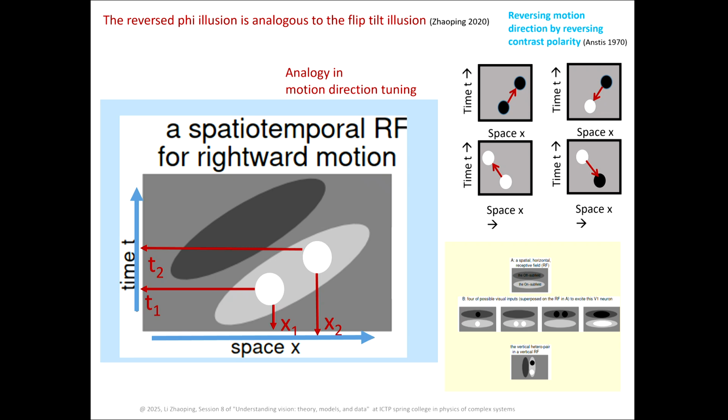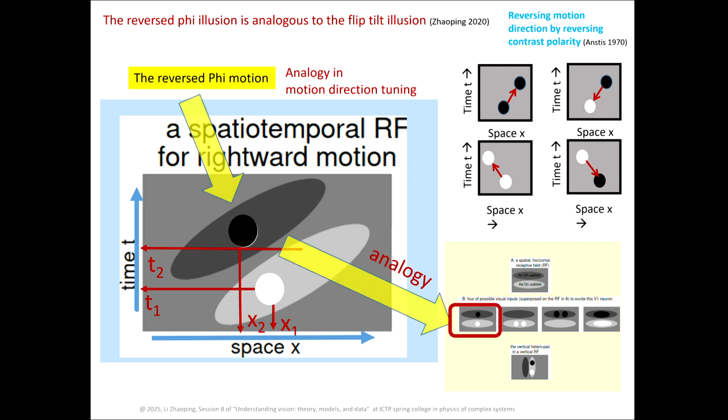This neuron is therefore tuned to this rightward motion direction. An opposite motion direction could not activate this V1 neuron. However, if the dot changes its contrast polarity from one time step to the next, this neuron can be activated to give the reversed phi motion illusion.